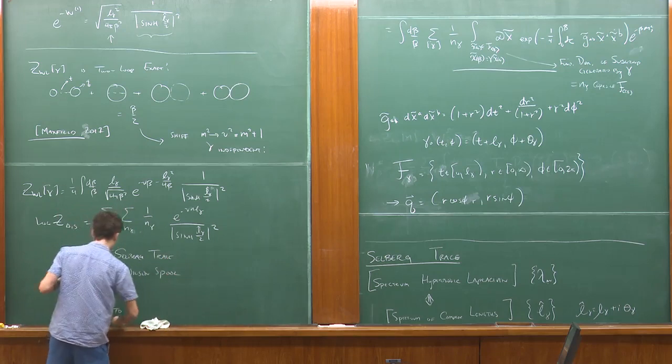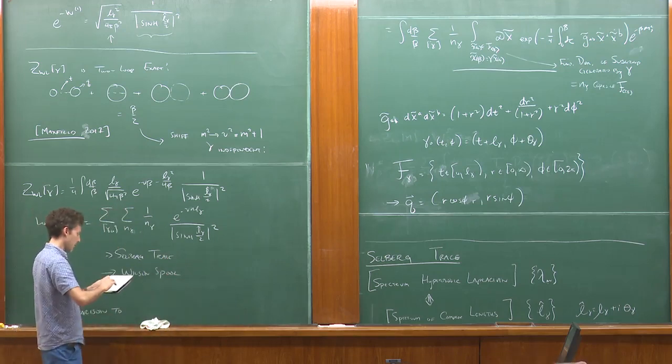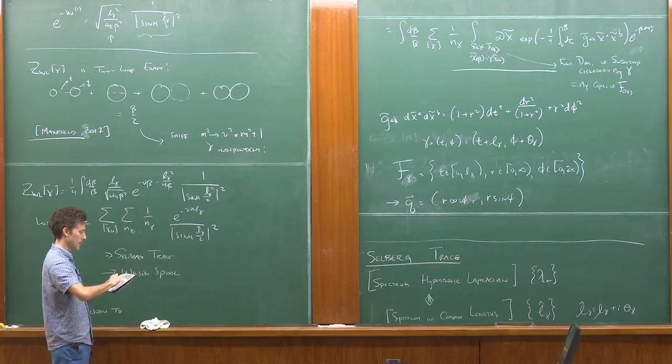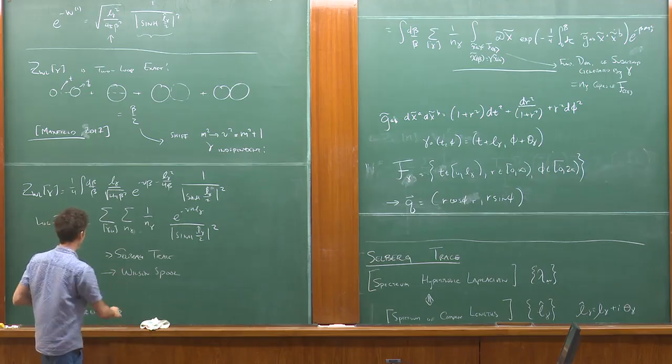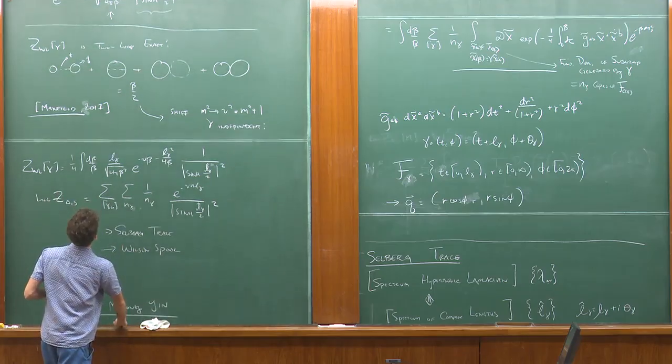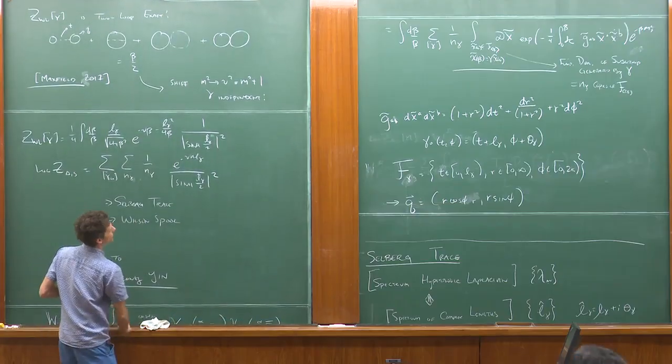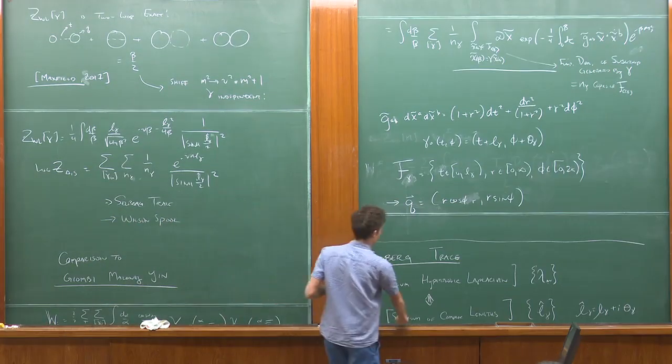So I want to make a couple of comments that draw a comparison to this Wilson spool formula. I'll erase some Selberg trace stuff here.